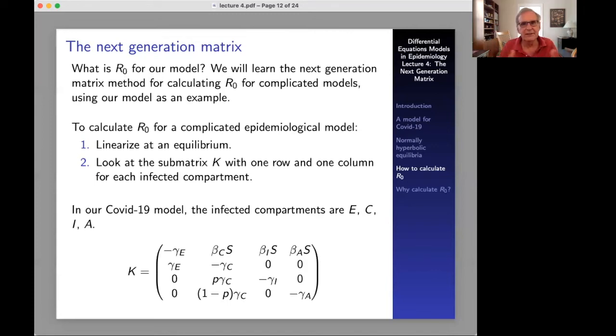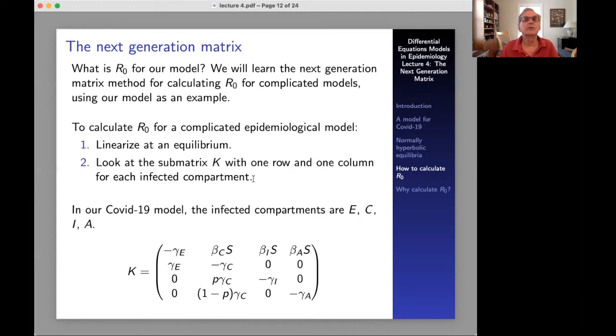We're going to try and describe how you compute R0 in a way that applies to all kinds of models, but the example that we'll always be referring to is our COVID model. To calculate R0 for a complicated epidemiological model using this method, you begin by linearizing at the equilibria, and then you look at the submatrix K that just has one row and one column for each infected compartment.